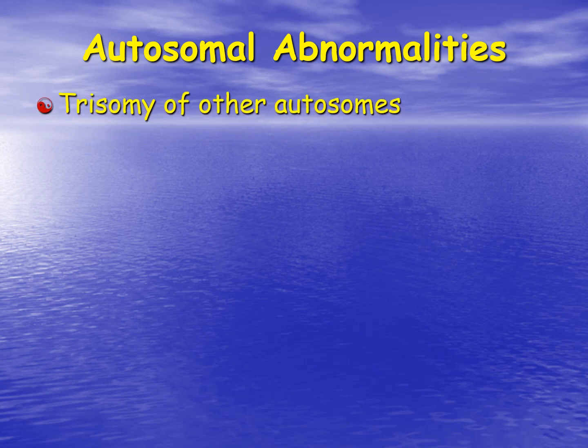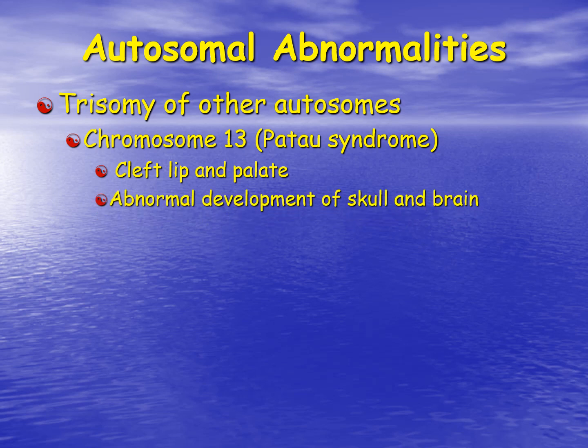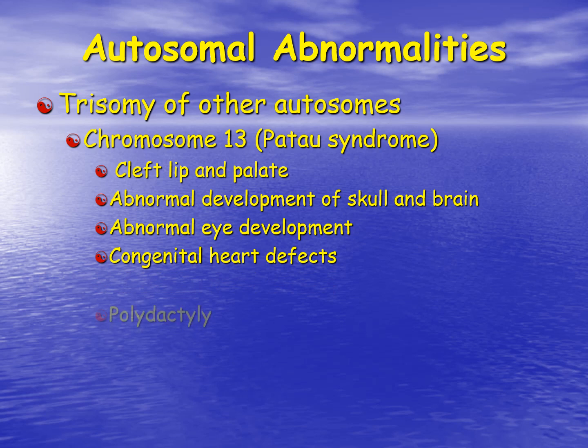Now, there are a few other trisomies of the autosomes. After trisomy of chromosome pair 21, however, oftentimes too much of any of the other autosomes can also be fatal in at least early life. Chromosome number 13, known as Patau syndrome: oftentimes in these offspring we'll see severe cleft lip, cleft palates, abnormal development of the skull and brain, abnormal eye development, sometimes actually seeing cyclopia, congenital heart defects.